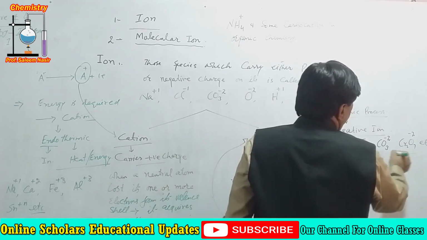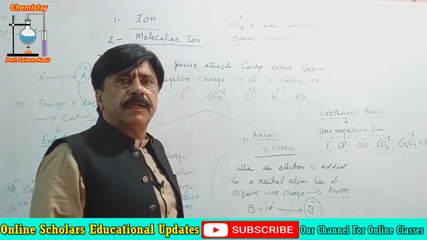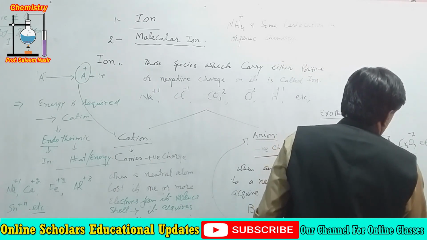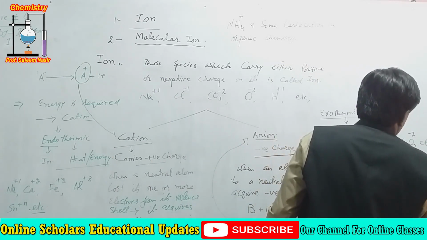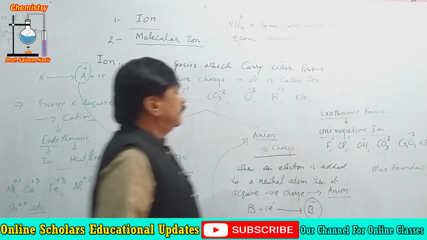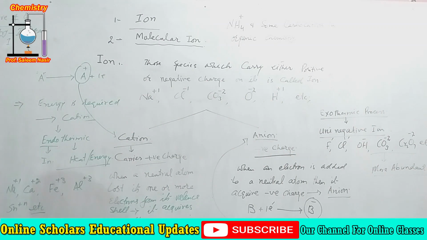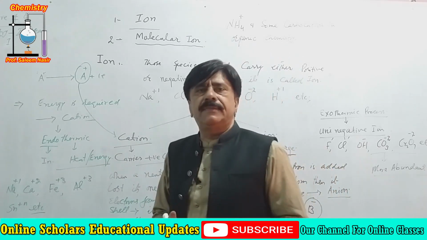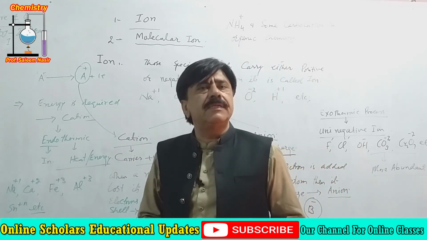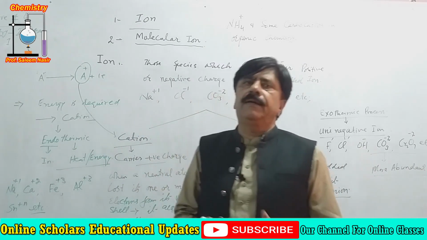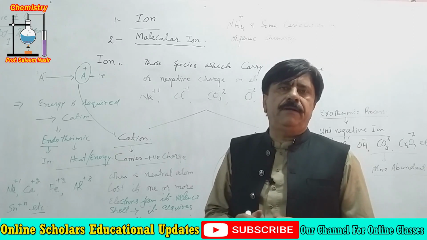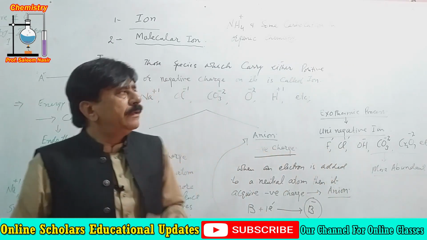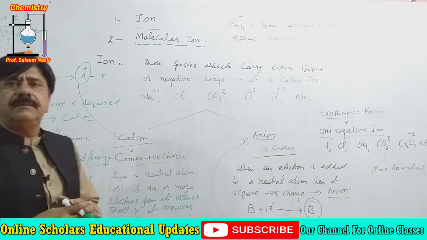But anions containing groups of atoms are more abundant. Now last, students, one more important thing: the properties of anions or cations are quite different from their corresponding atoms. Okay? That is the whole concept of the ion.